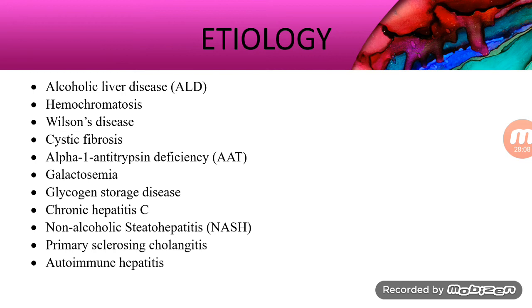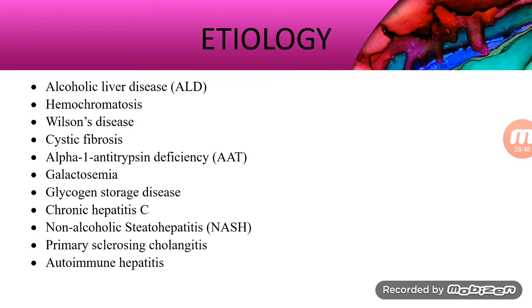If there is narrowing of the bile duct, then there will not be proper flow of the bile. So at last there will be improper flow of the bile. That is known as primary sclerosing cholangitis. Due to this also liver cirrhosis occurs.